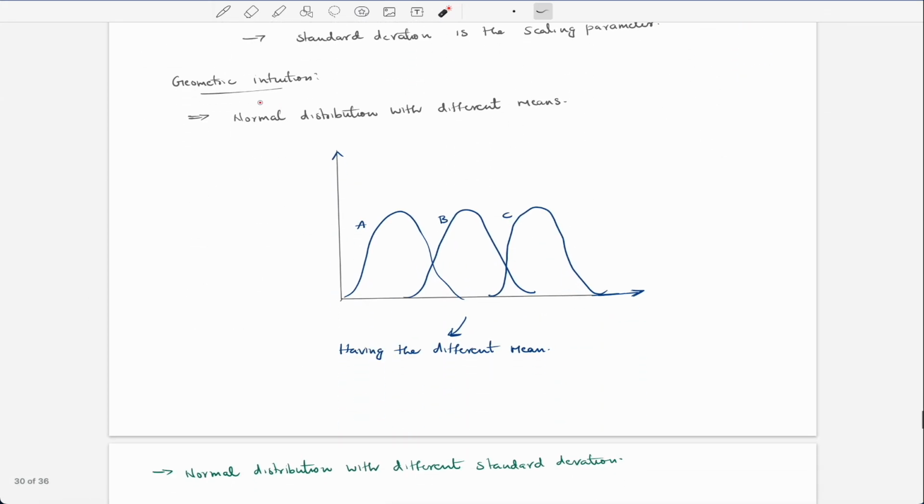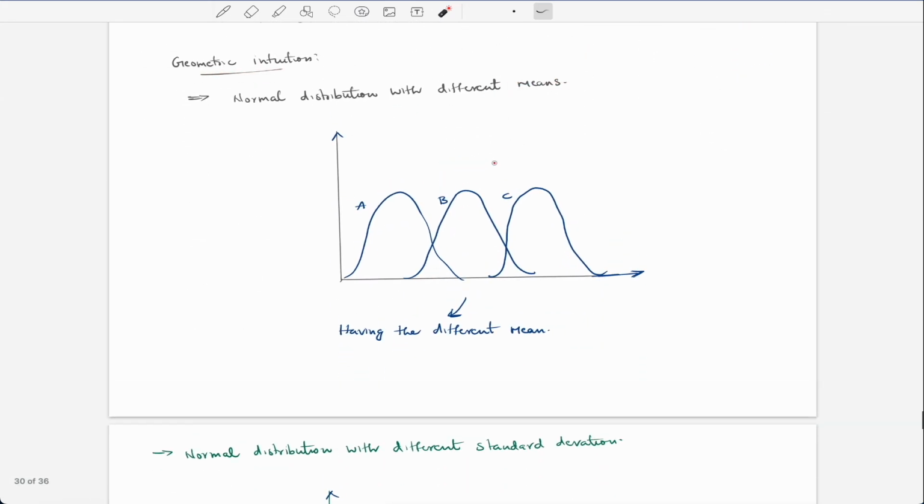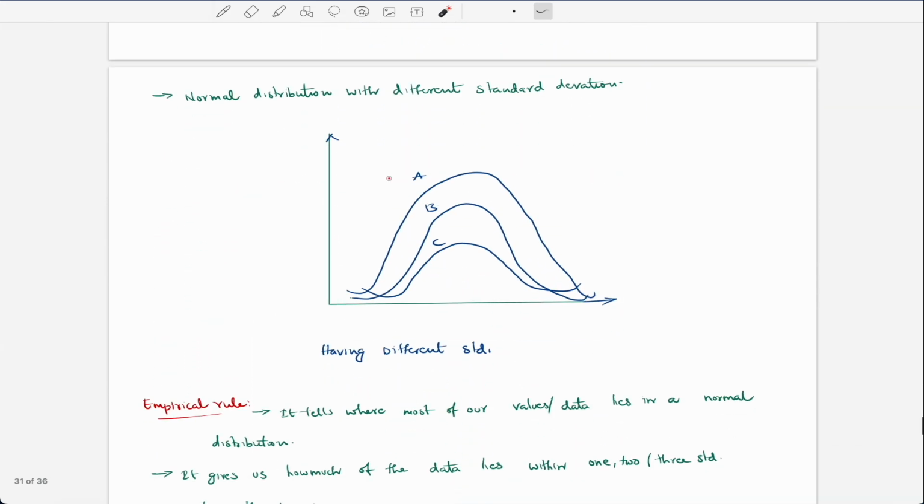Okay, so for the geometric intuition, first the normal distribution with different means. How does the distribution look if we have different means? If we have three different means, the distribution looks like this, with three different means here. Then how does the graph look if we have three different standard deviations?